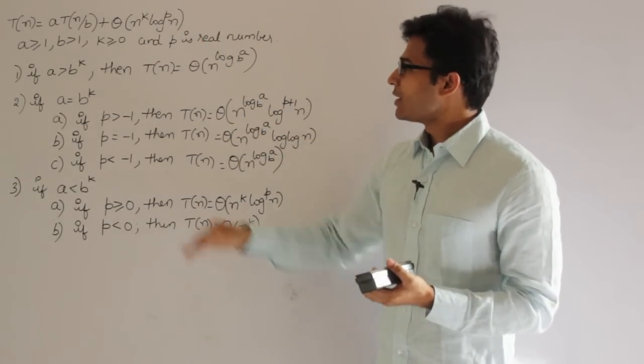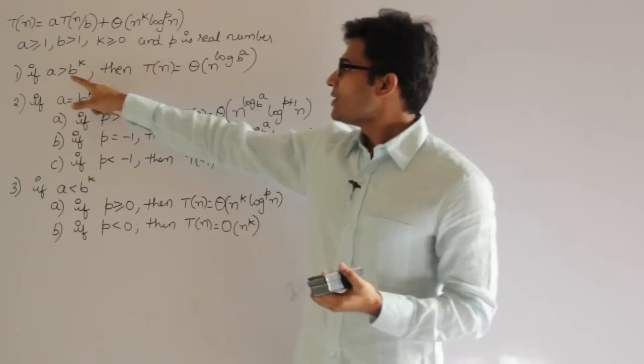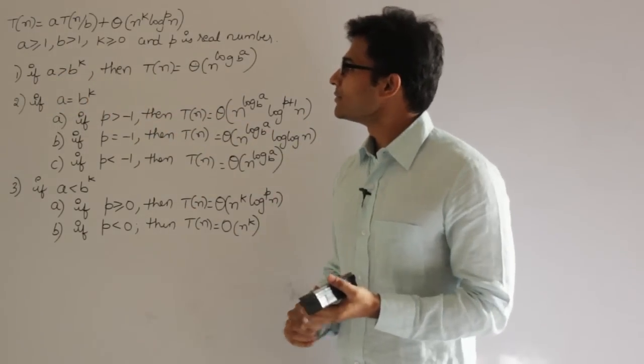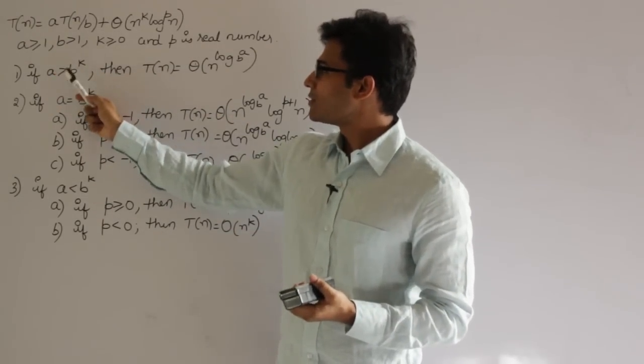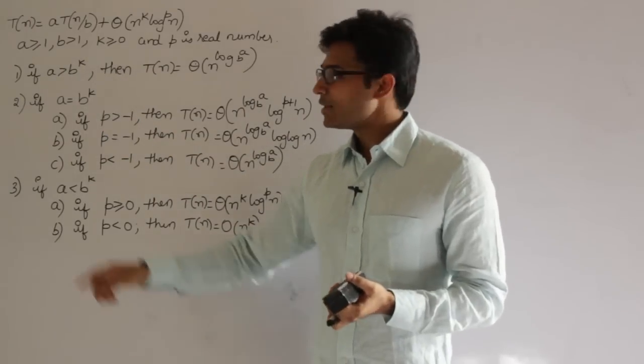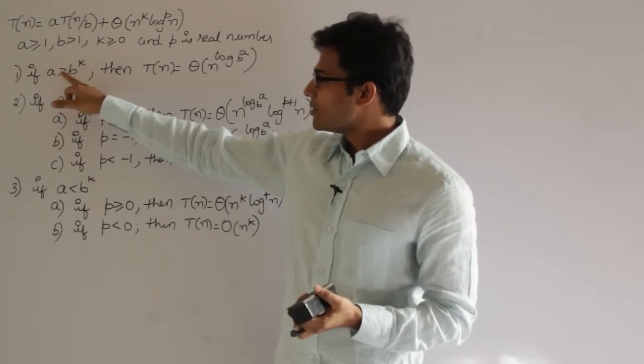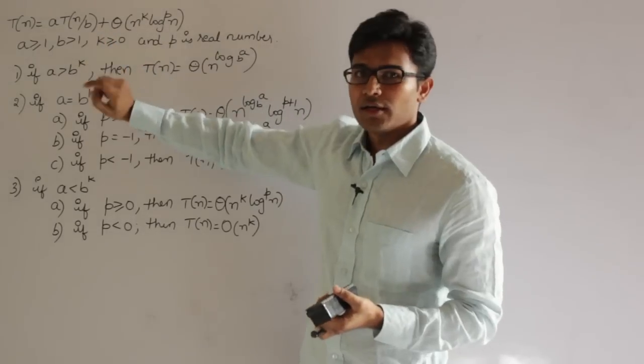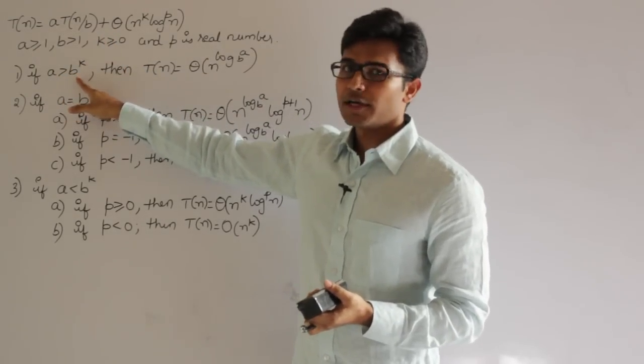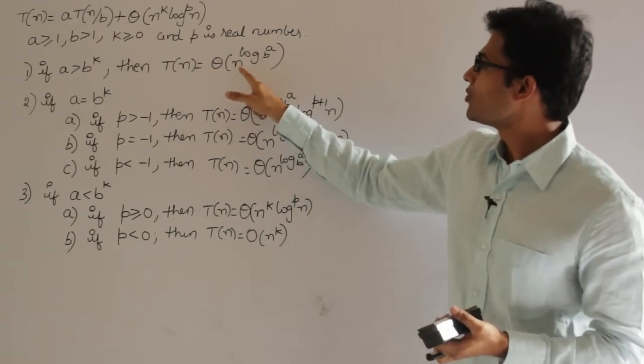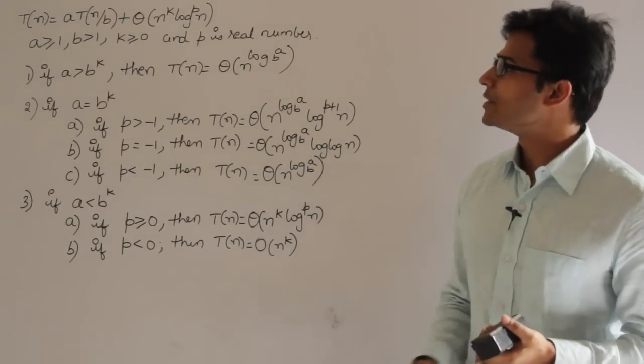P could be anything. Then, take a and compare it with b power k. If a is greater than b power k, then T of n equal to n power log a base b.